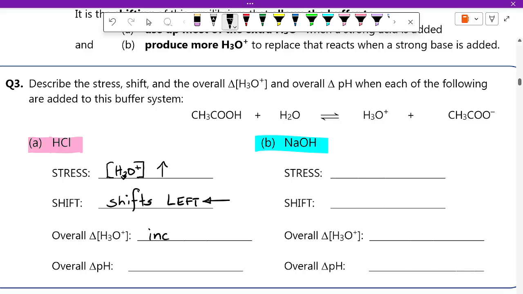Increase. Is that increase small or big? Small. Whoops, not just small, small. What about our change in pH? Overall, it would be a decrease. And again, it would be small.